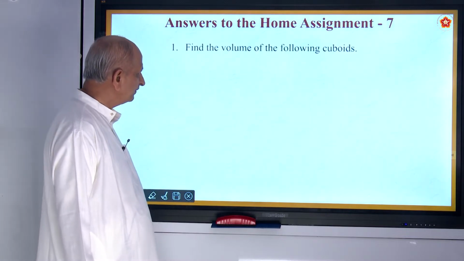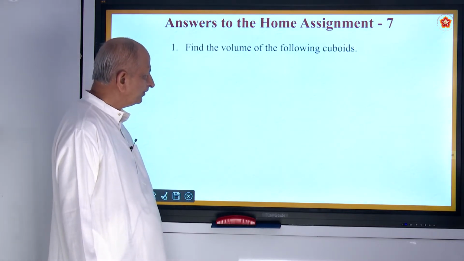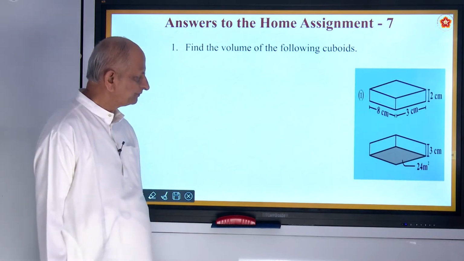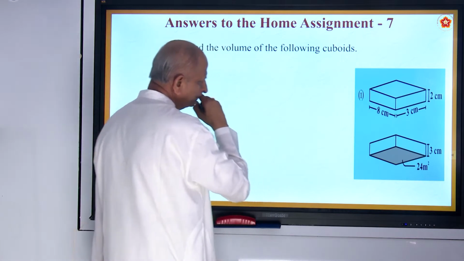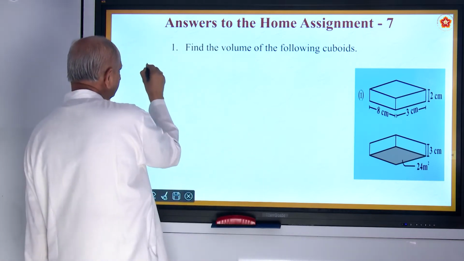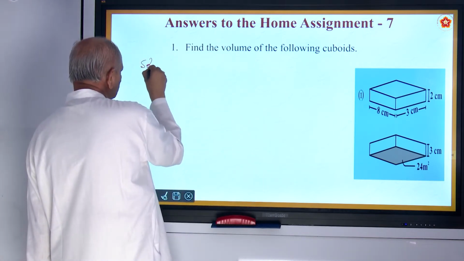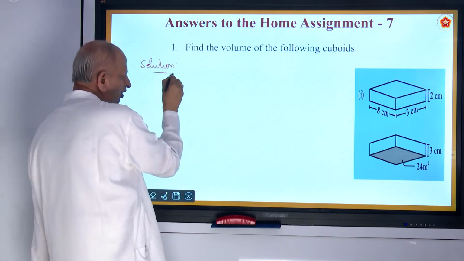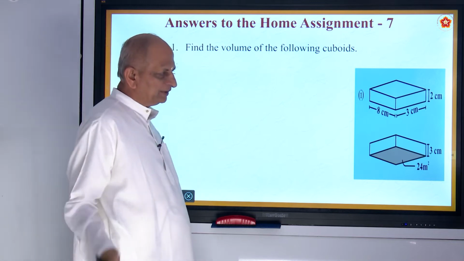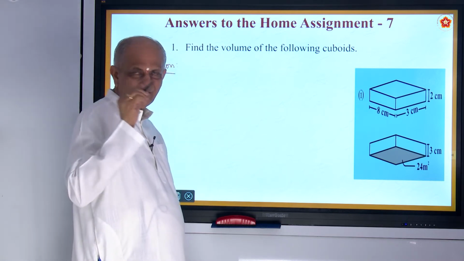Yes, first question. Find the volume of the following cuboids. You can see the figures of 2 cuboids here. They are cuboids. Why are they called cuboids? Length, breadth and height are different.